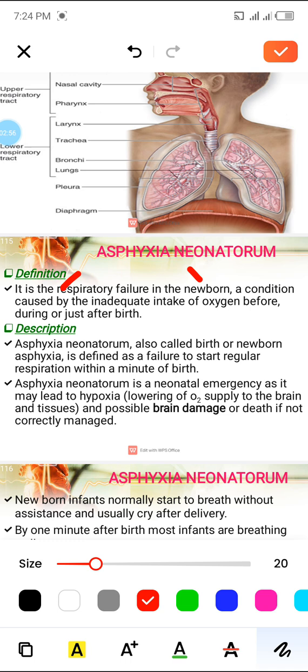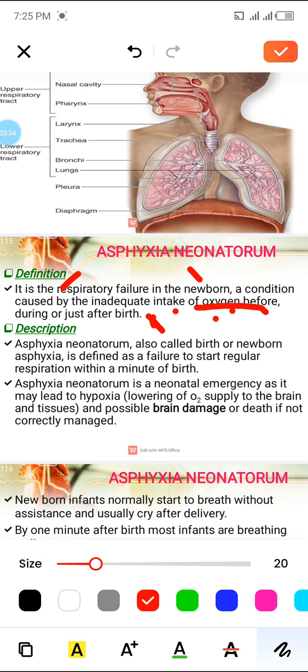It is caused by inadequate intake of oxygen before, during, or just after birth. Some would say that this is failure for a baby to initiate and sustain breathing. So you can find something that could be suitable for you.